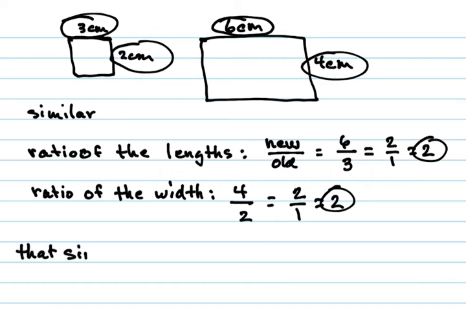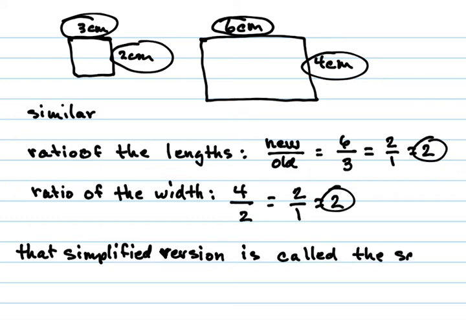And that simplified version, because it doesn't always come out to be a whole number. If you divide 3 by 2, you're just going to get 3 over 2, right? So you can still, of course, get a ratio that's a fraction. But that simplified version is called the scale factor.